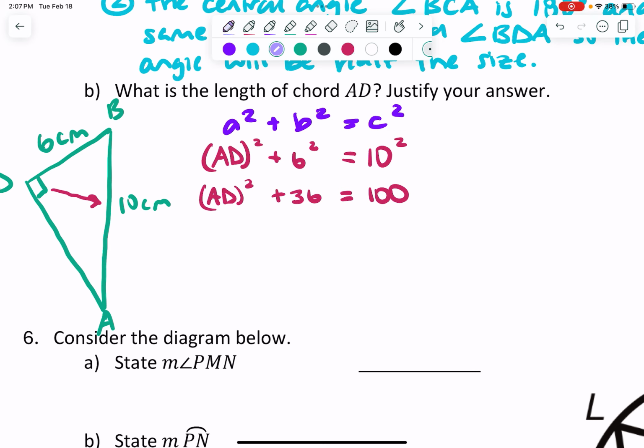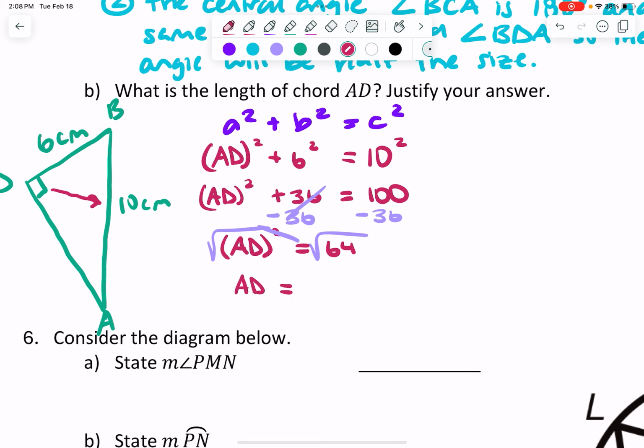And I'm able to isolate my unknown by reverse operations by using subtraction to undo my addition. So I get AD squared is equal to 64. And I could continue my reverse operations to undo the square to get my line segment AD is equal to 8. And again, matching the units that are provided to me in the question.